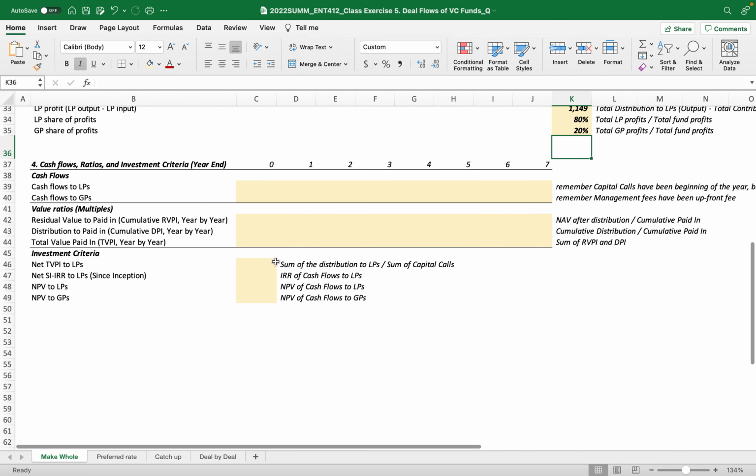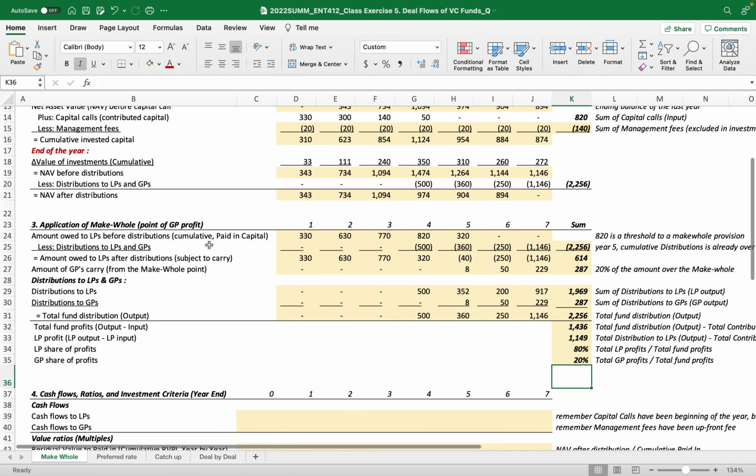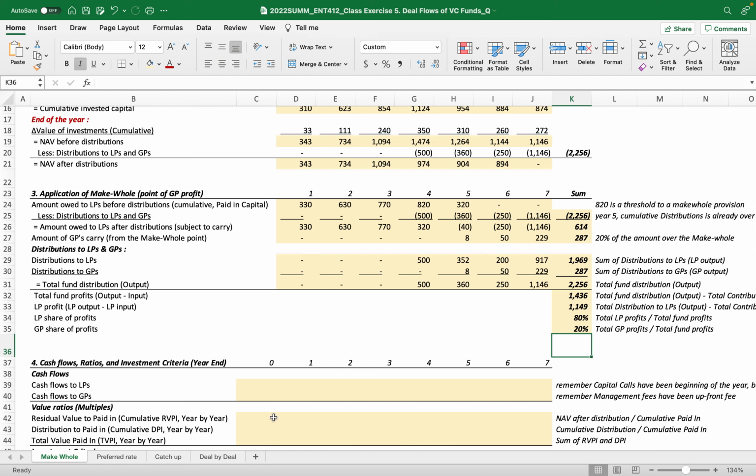So we'll measure IRR, the total value over the paid-in capital for the LPs, and then to cover the concept of profitability in dollar terms to complement this IRR, we'll also measure the NPV.